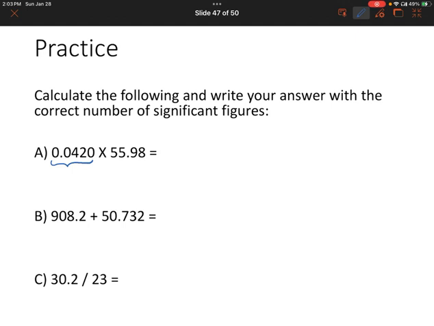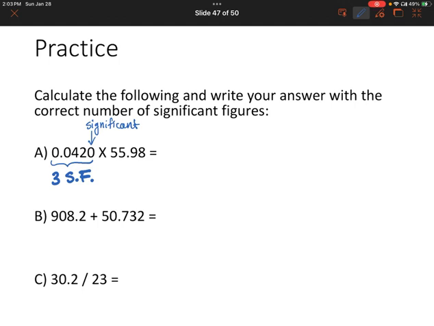But then we have what looks like a trailing zero. However, it does come after a decimal point. So this zero here is significant because it comes after a decimal point. All right, so we actually have 3 sig figs here.